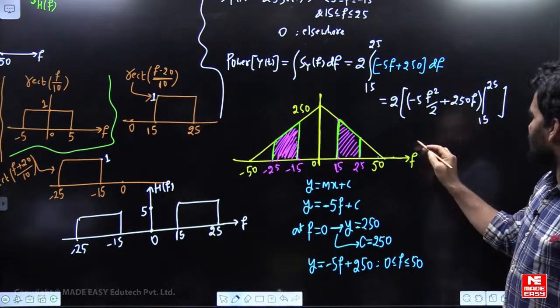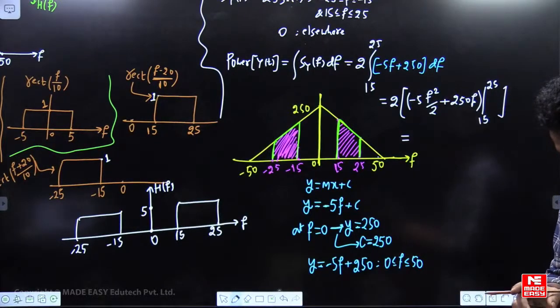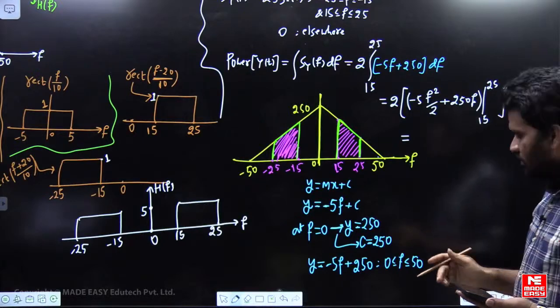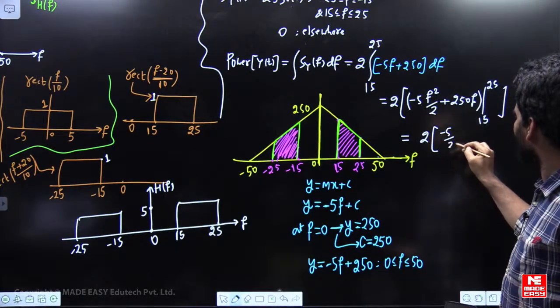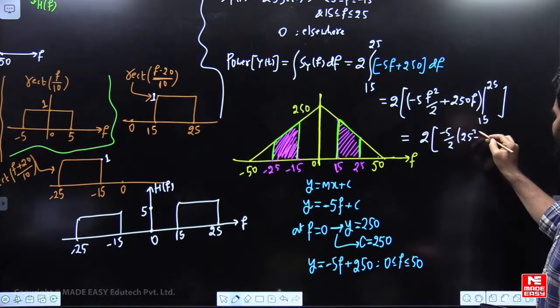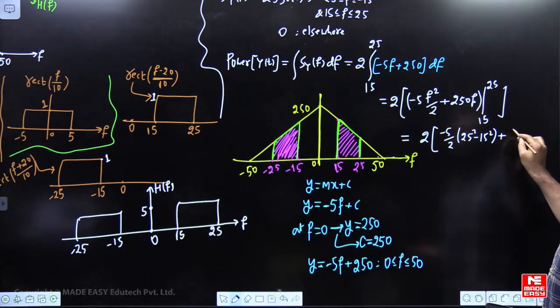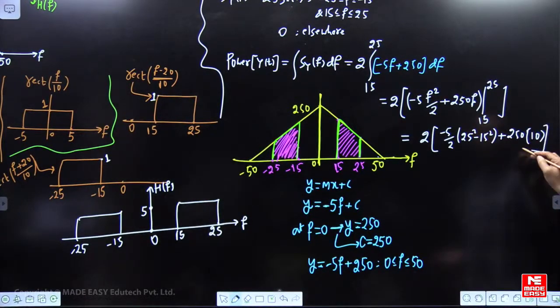Substitute the upper and lower limits. So it will be equal to minus 5 by 2 times 25 square, upper limit substituted, minus 15 square, plus 250 times 25 minus 15, which is 10.